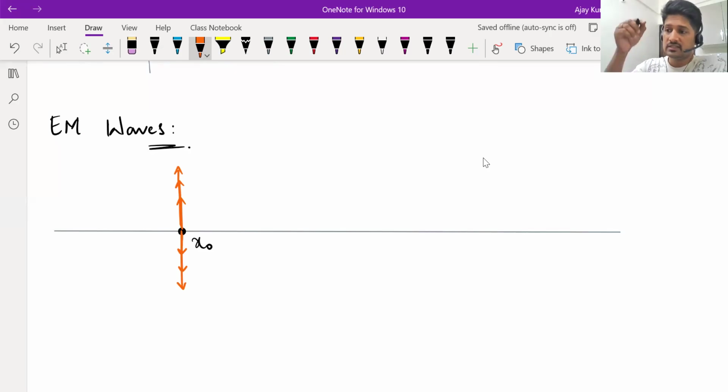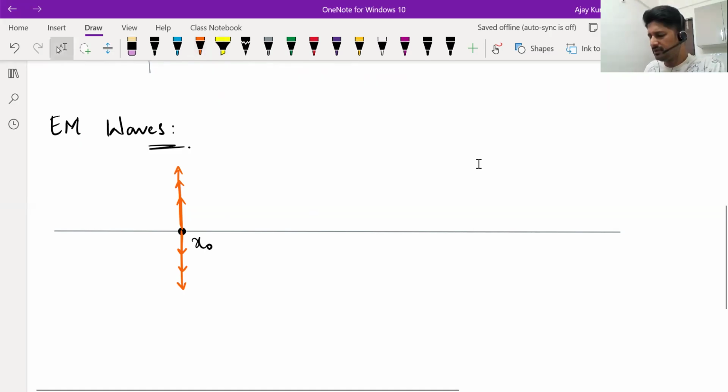So the strength of the electric field at a particular point keeps changing. Similarly, the strength of the magnetic field at a particular point also keeps changing from time to time. And at a fixed time, at different points, there will be different electric fields produced and there will be different magnetic fields produced. Okay, so an EM wave equation will look very similar to the mechanical wave equation of a transverse wave.